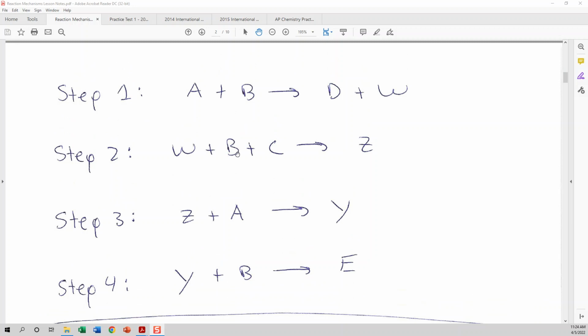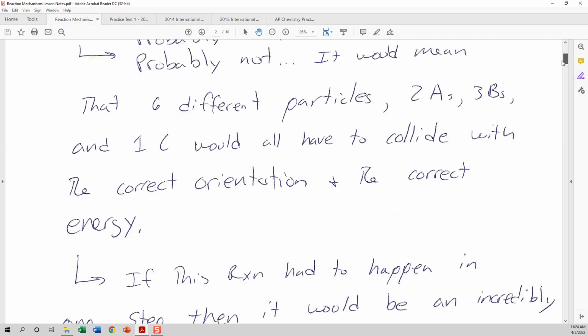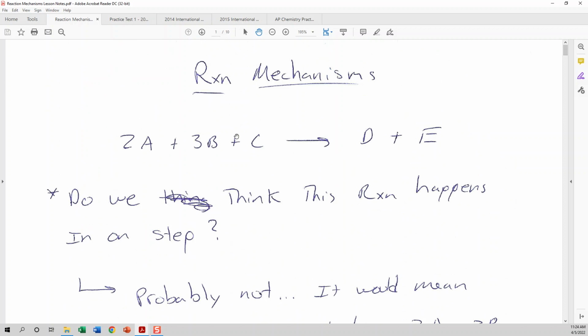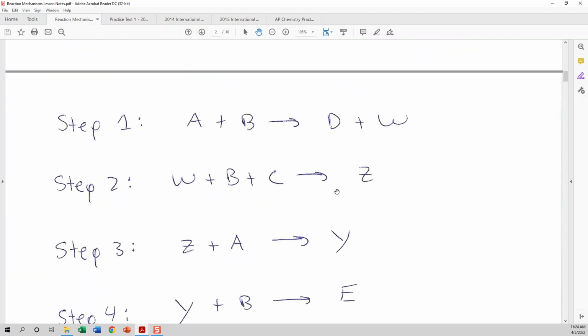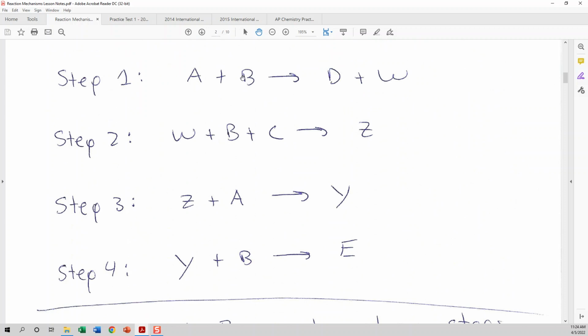This is the reaction that's occurring, but the mechanism tells us how it occurs. The mechanism is telling us that A collides with B and forms D and W. Then W, B, and C all collide together to form a Z. Z collides with another A to form a Y.